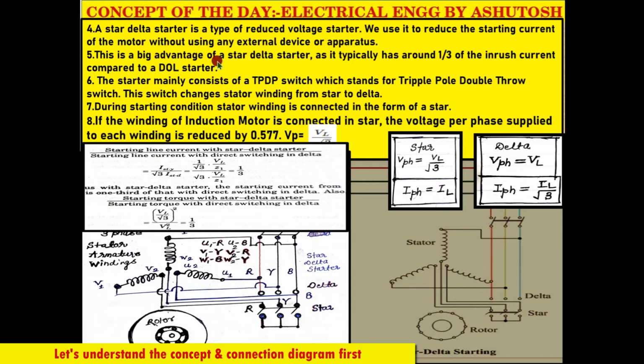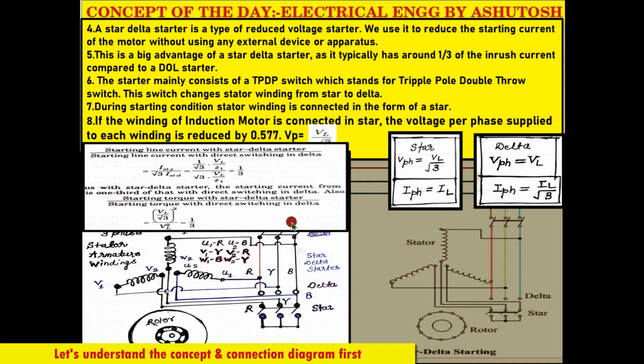Okay, this is the big advantage of star delta starter and typically has around 1/3 of the inrush current compared to DOL starter. यहाँ पर आप देख सकते हैं guys, this is the derivation जहां पर स्टार्टिंग लाइन करंट कंपेयर किया गया है स्टार डेल्टा स्टार्टर में और डायरेक्ट स्विचिंग में DOL स्टार्टर में जहां पर डेल्टा वाइंडिंग थी. तो गाइस क्या होता है, स्टार्टिंग लाइन करंट जो है स्टार डेल्टा स्टार्टर में रिड्यूस हो जाती है, 1/3 रह जाती है कंपेयर टू स्टार्टिंग लाइन करंट विथ डायरेक्ट स्विचिंग इन डेल्टा. और ऑल्सो क्या होता है गाइस, स्टार्टिंग लाइन करंट becomes 1/3 in case of star delta starter compared to starting line current with direct switching in delta connection, in case of DOL starter. और ऑल्सो स्टार डेल्टा स्टार्टर में टॉर्क भी 1/3 रह जाता है.